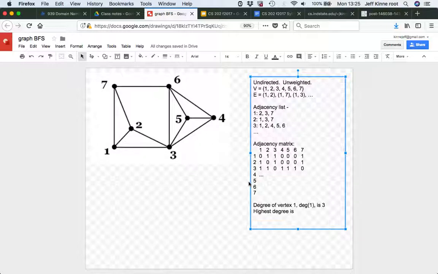So vertex 3 is going to be the highest. The degree of 3 is 5. And we can say that with an equal sign. The lowest degree, so which one is connected the least? It looks like all of them have at least 3 neighbors.